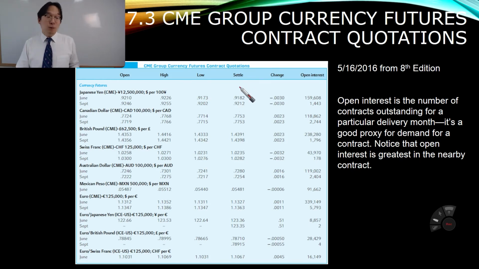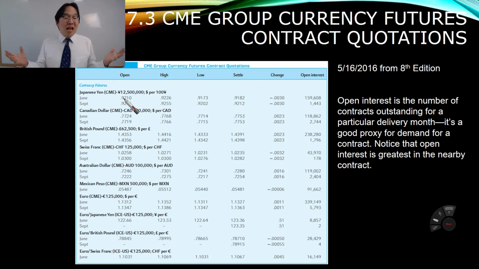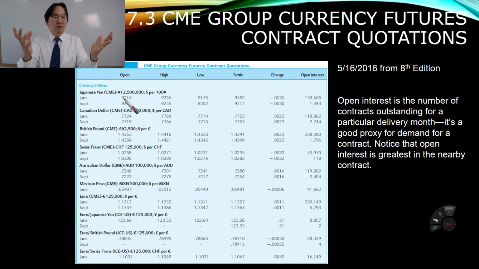What are those? Well, last year I had a hard time telling this to the students who are not experienced with the stock market. But these days, thanks to the intensive day trading by everybody, including the guys who are trading in Robinhood, now you understand how the price works. Every millisecond the price changes, right? So what was the opening price in the trading day?